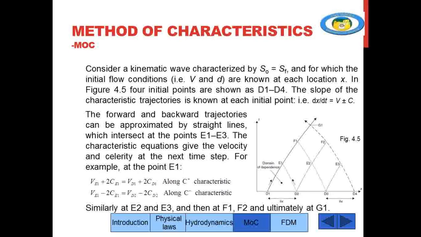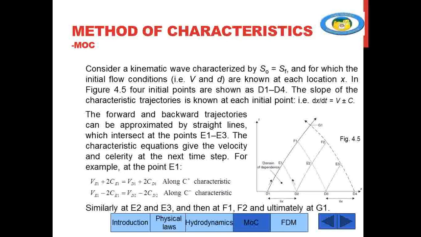Since we know the values along D1 E1, the values at E1 would depend on the characteristics directions that come from D1 and D2. D1 would go through the forward characteristics, and D2 would go through backward characteristics.